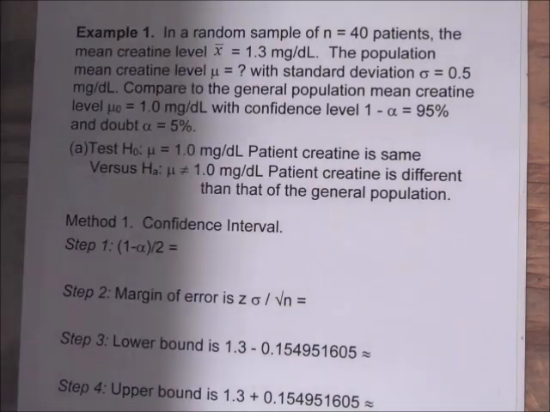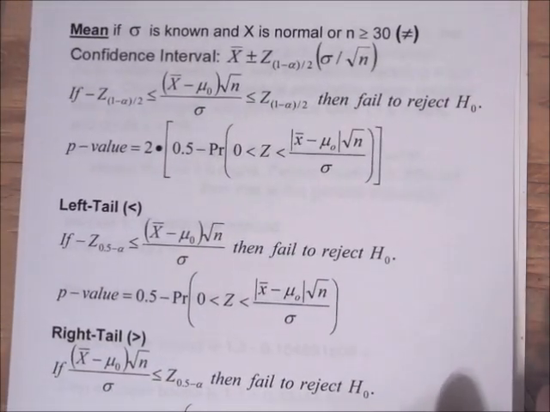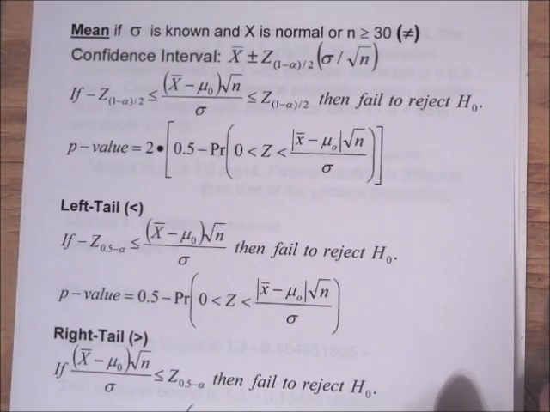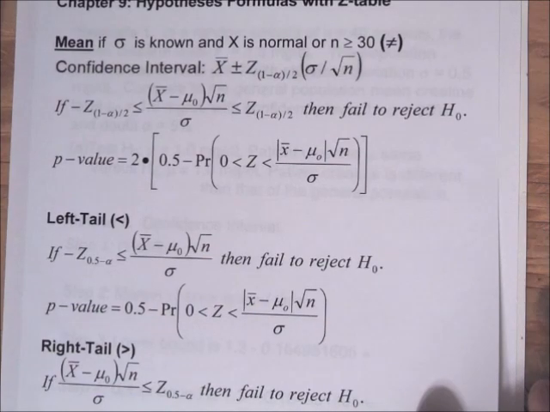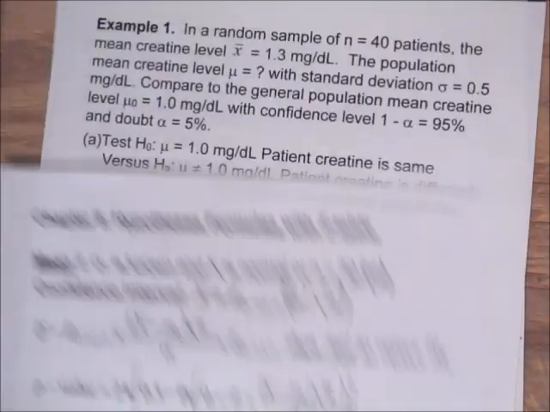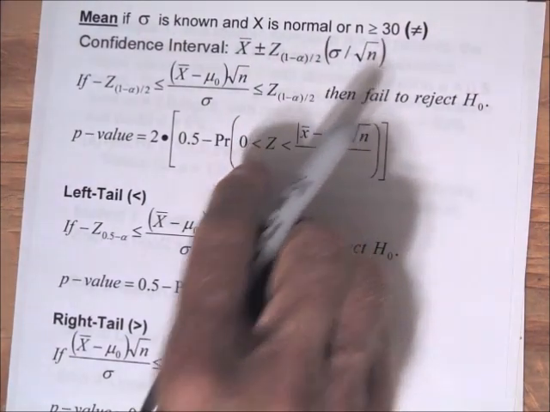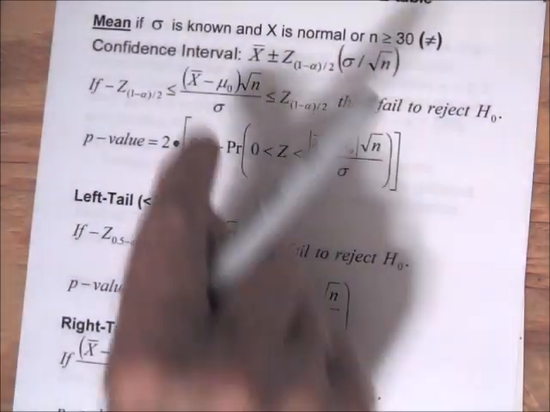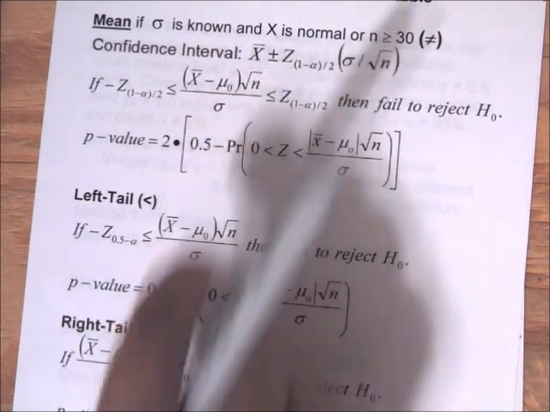So these are the formulas if the standard deviation is known, and we have a two-sided test here. We have a not equal to symbol here, and the standard deviation is known. We want to test the mean, so we want to use these formulas here.